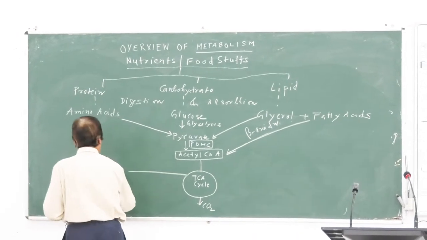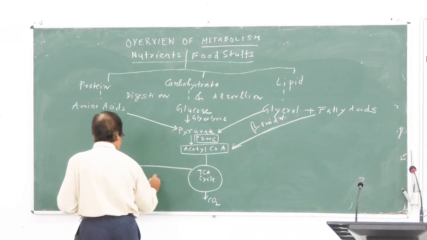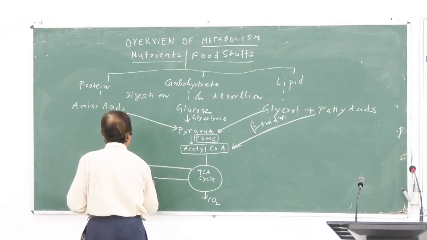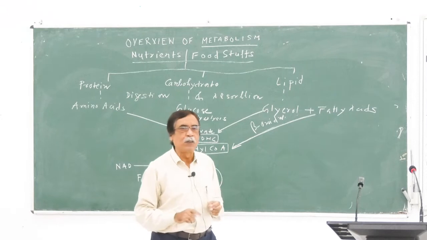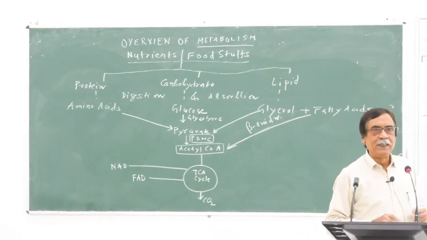NAD is the coenzyme derived from the niacin. FAD is the coenzyme derived from riboflavin. Flavin adenine dinucleotide, nicotinamide adenine dinucleotide. These are the coenzymes derived from vitamin B.